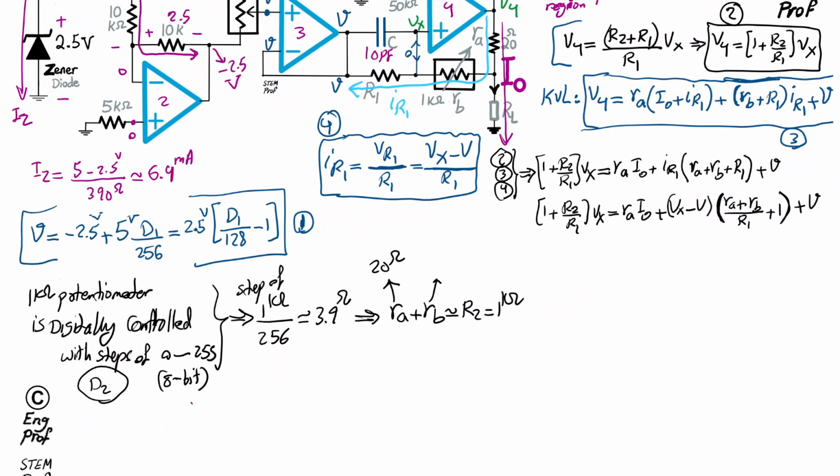This one is the one that we can control, the 1 kilo ohm potentiometer RB, and therefore this is the one I'm going to set to roughly 980. So therefore I can set the sum of them to be equal to R2, which is 1K. This is equation number 5.